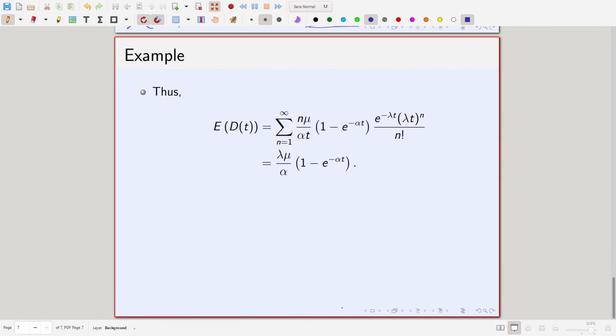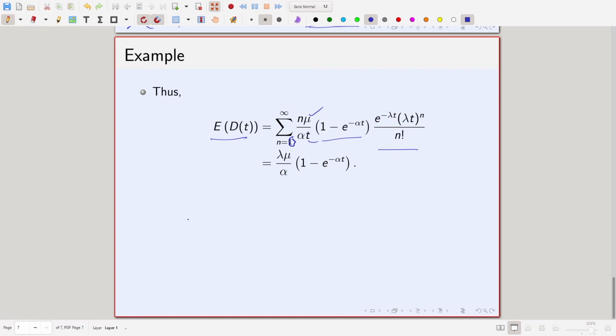So finally, we are interested in expectation of Dt, which is equal to the sum over n running from 0 to infinity of n mu over alpha t times 1 minus e to the power minus alpha t, times this probability that Nt equal to n. Now this whole thing does not depend on n, so it comes out of the summation.